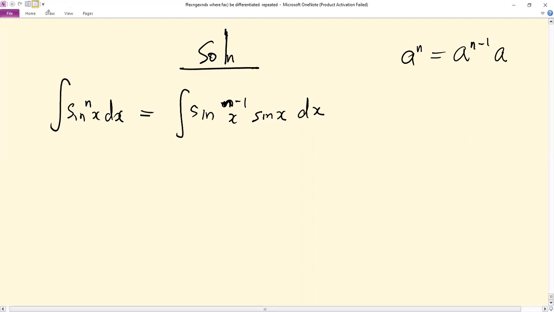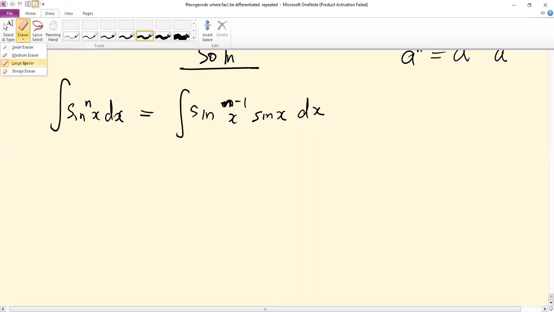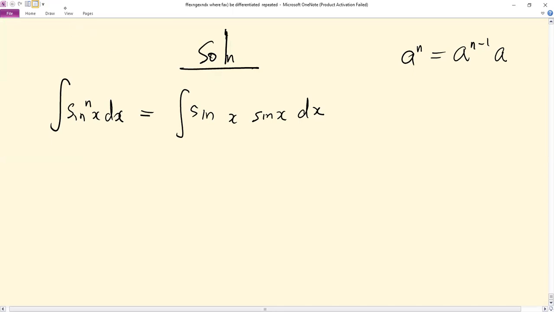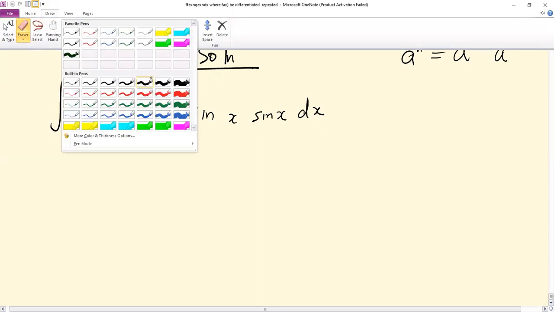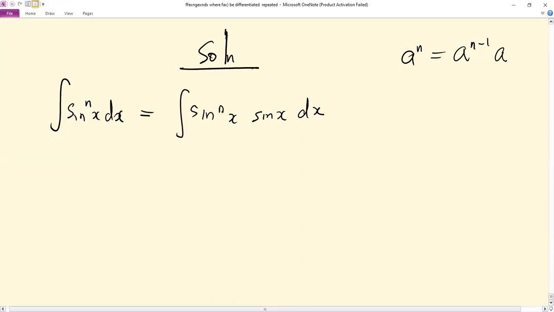Then let u be sine power n minus 1 x and let dv be sine x dx.